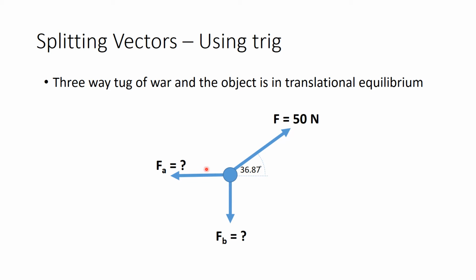So this is not equal to 50. It's this guy here who is equal to the horizontal component of this 50 Newton force. So we want to take this diagonal force and split it into two different forces, one going over, opposing this guy, and one component going upwards to oppose this guy.